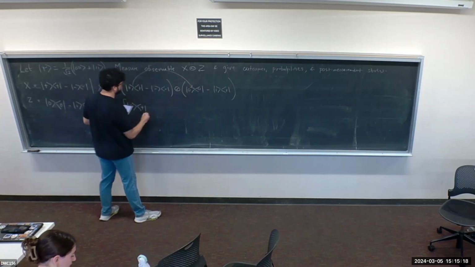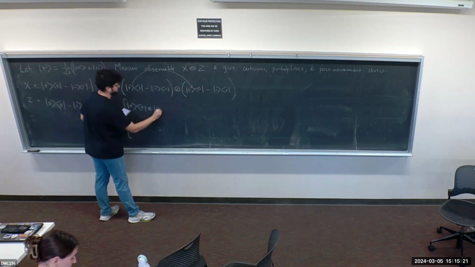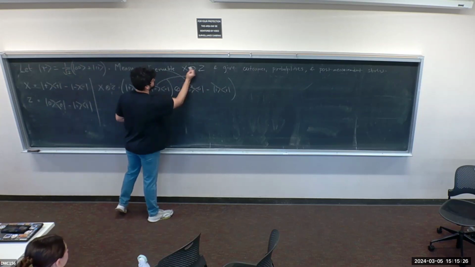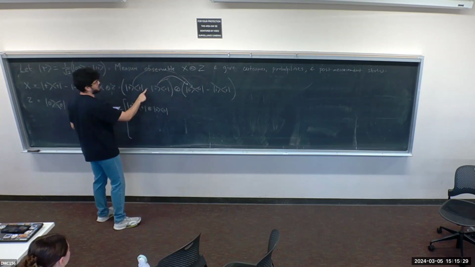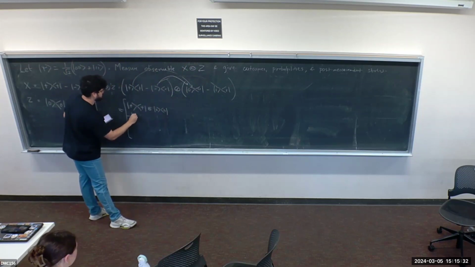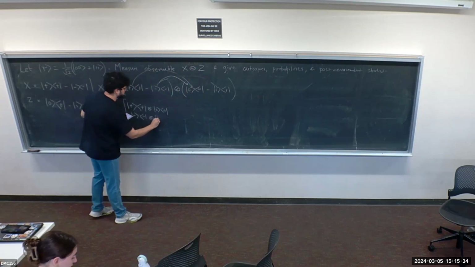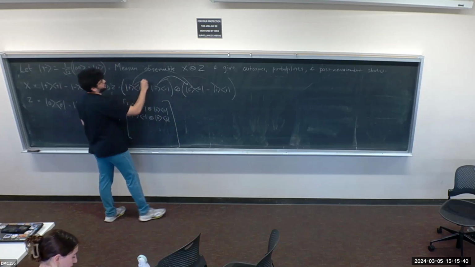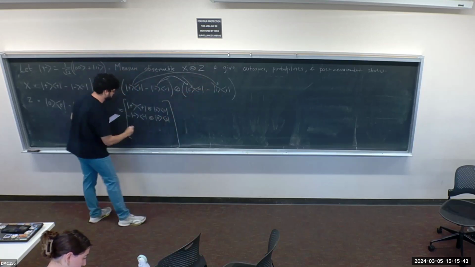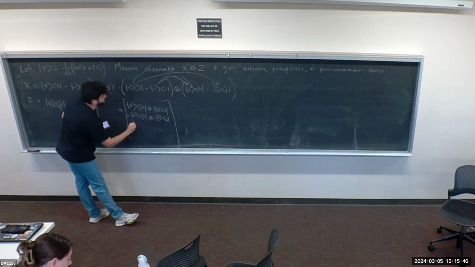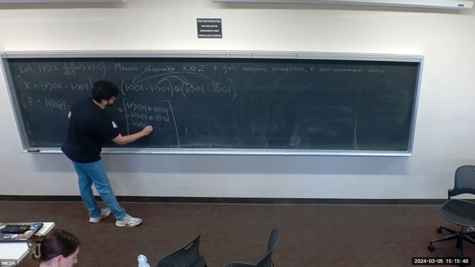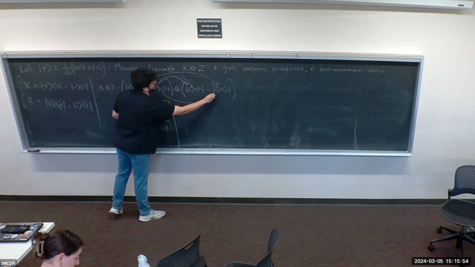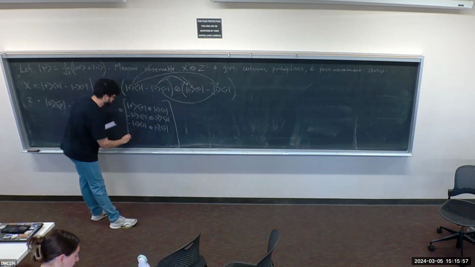This tensor product with this, tensor product with this, it has a minus sign, so we will have a minus sign here. Tensor product of this with this has minus sign, so we will have another minus sign here. And tensor product of this with this, both of them have minus sign, so we get a plus.